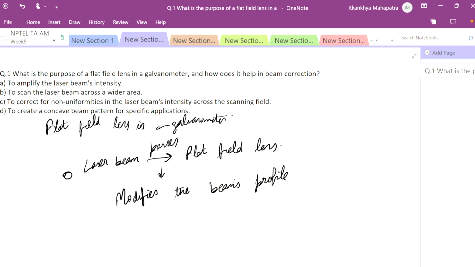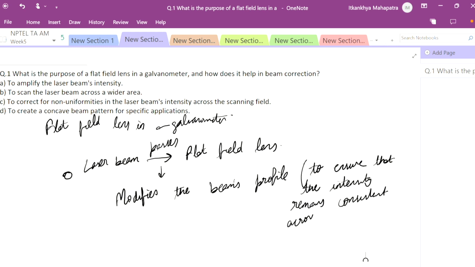To ensure that the intensity remains uniform and consistent across the entire scanning area.